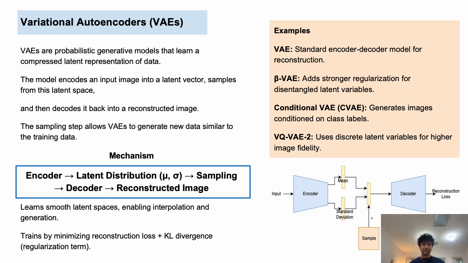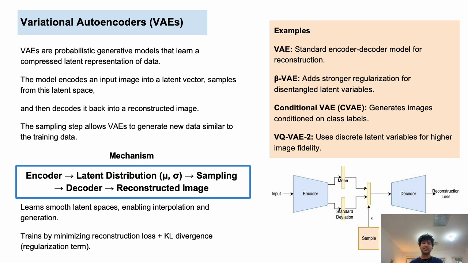The model encodes an input image into a latent vector, and a latent space is created out of this, and samples are then picked out of this and decoded back into a reconstructed image. The sampling step allows VAEs to generate new images that are similar to the training data. So you wouldn't get the exact same image, it would be slightly different.